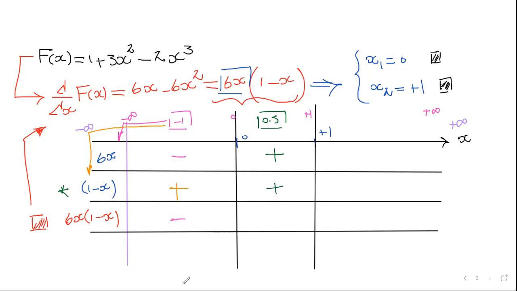Then you see that the reconstructed function is the product of these two signs. Positive times positive gives you positive.